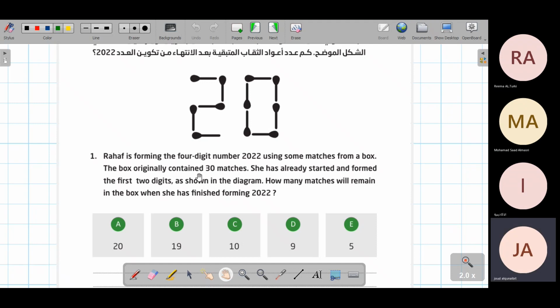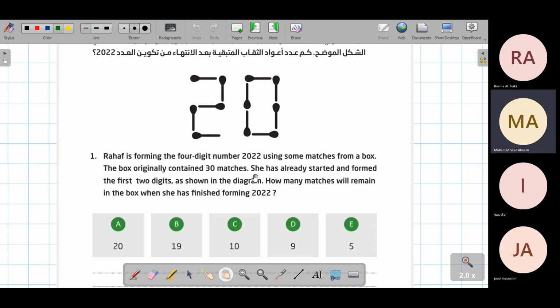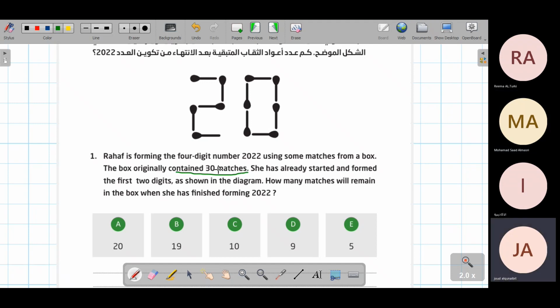The box originally contained 30 matches. She has already started and formed the first 2 digits. Okay, so the box contained how many matches? 30.